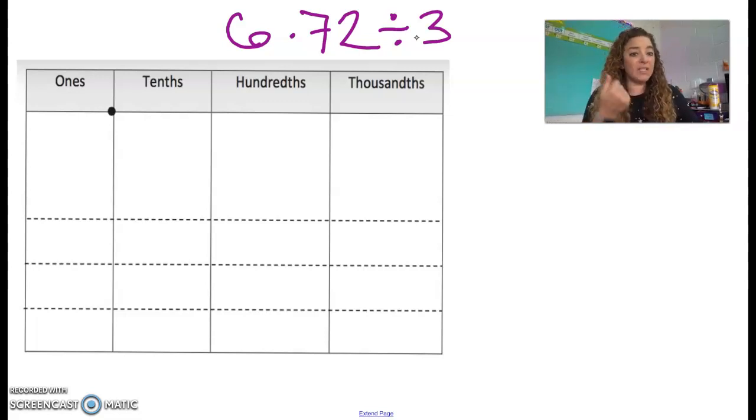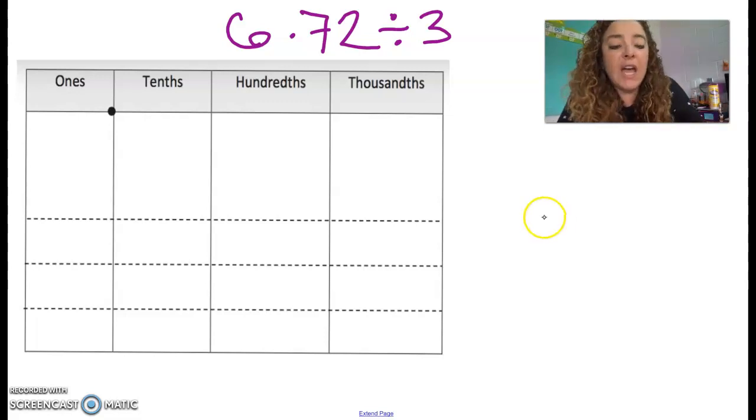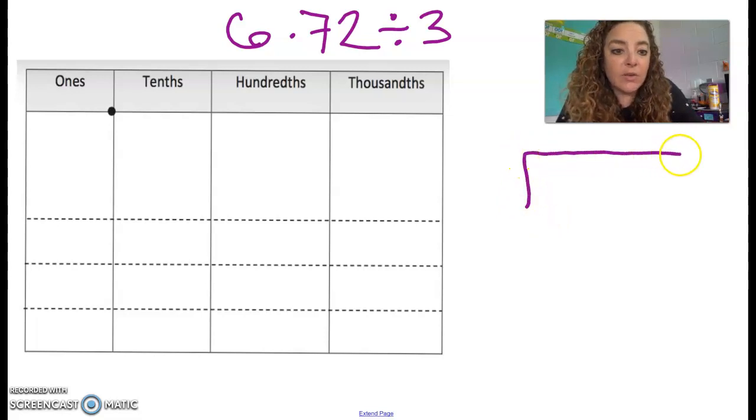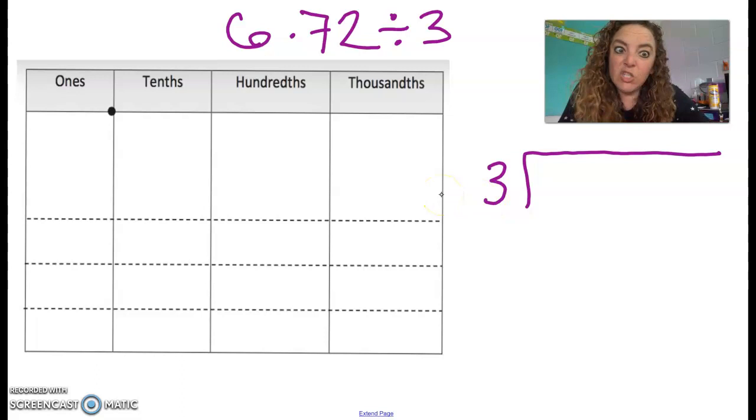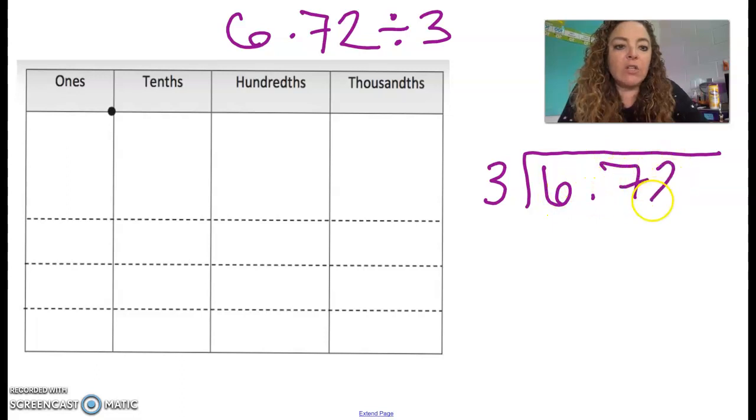What becomes tricky is when we move it into that division house standard algorithm method. So when it looks like this, the 3 goes out here. Tricky, huh? And the 6 and 72 hundredths goes in here. So it almost feels opposite of what the equation looks like.